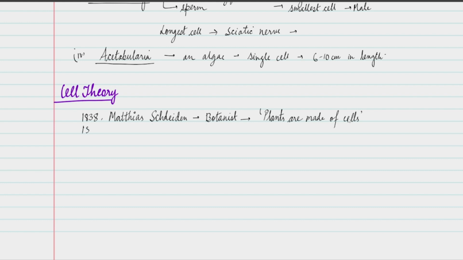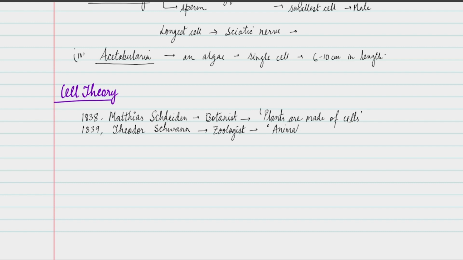Around the same time, another scientist, Theodor Schwann, who was a zoologist, said that animals are made up of cells.